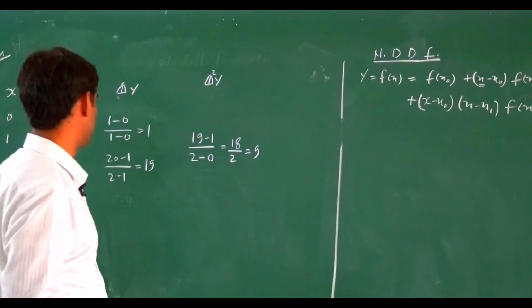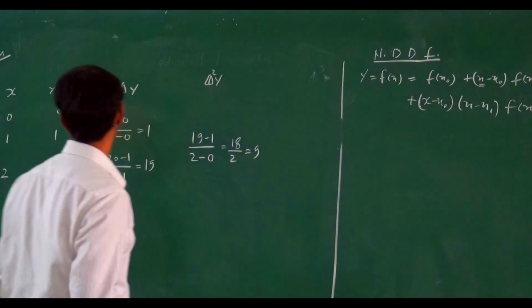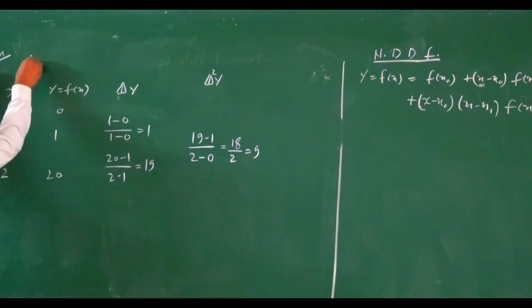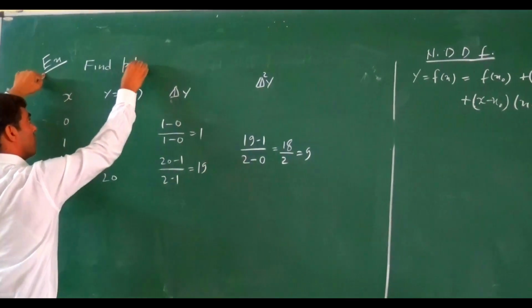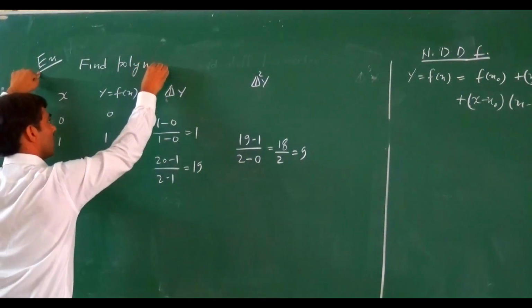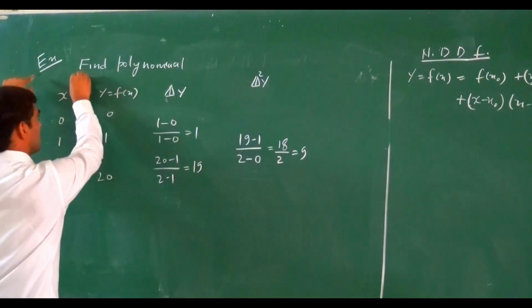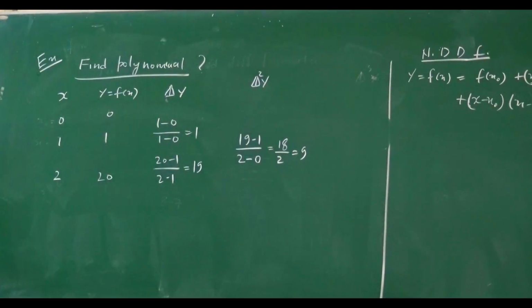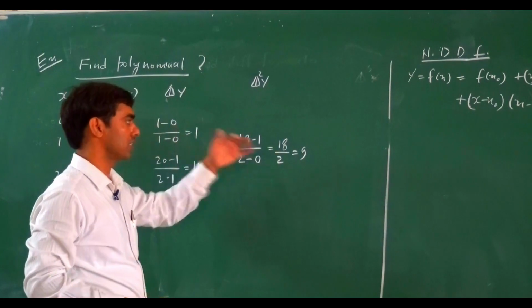So now what are the values? What is the problem? The problem is to find the polynomial which satisfies the tabular values. Here the second order difference is a constant.